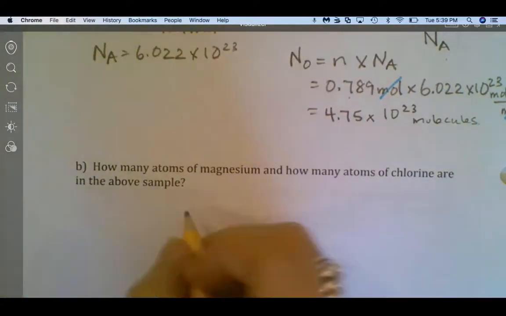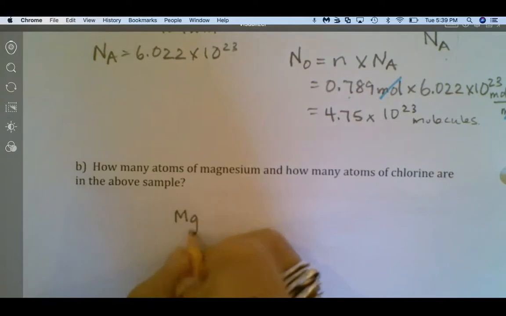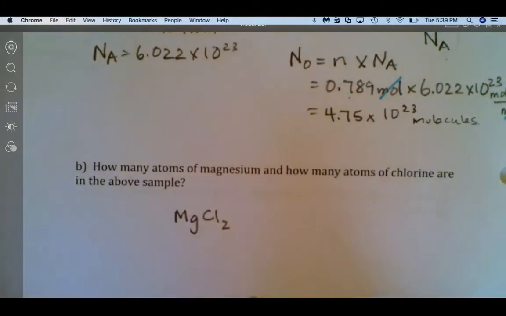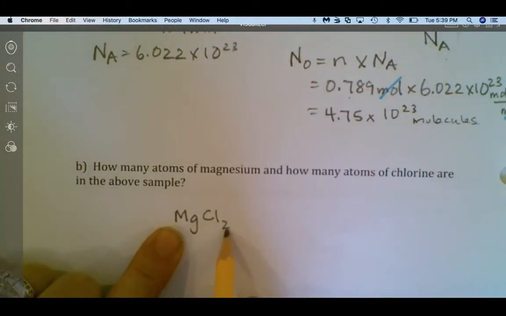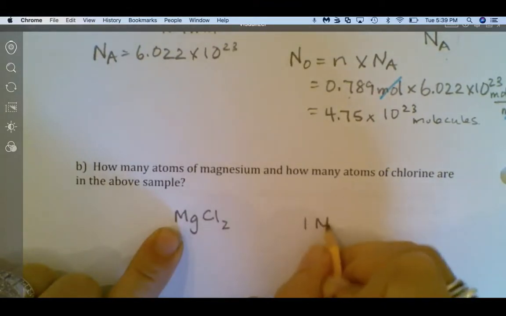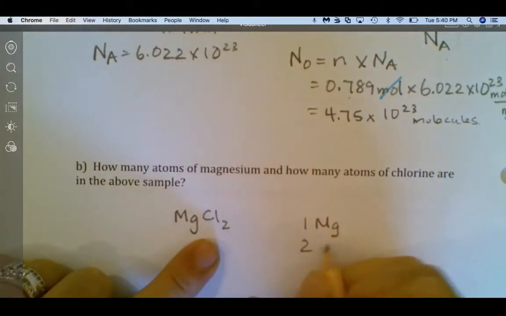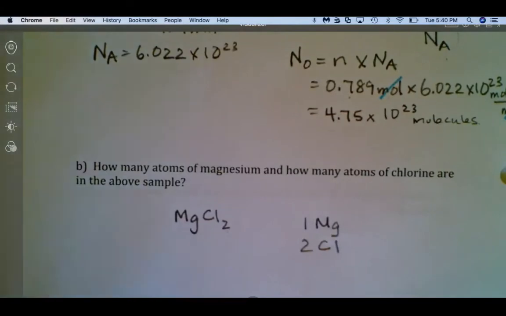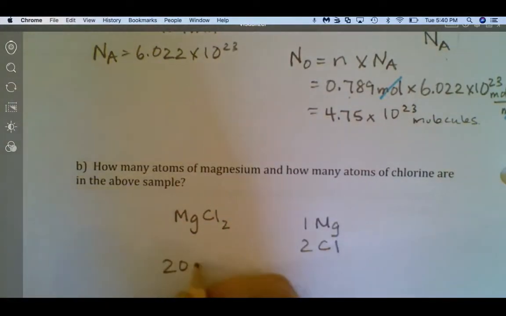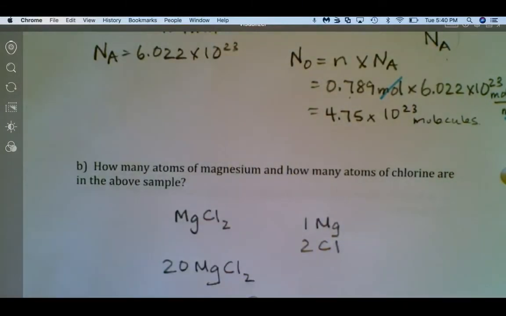Well, when I take a look at one single molecule of magnesium chloride and I look at the subscripts, I would say that you have 1 magnesium and you have 2 chlorine. Now, what if I was to put a 20 in front? You have 20 molecules of magnesium chloride. How many atoms of magnesium would you have?